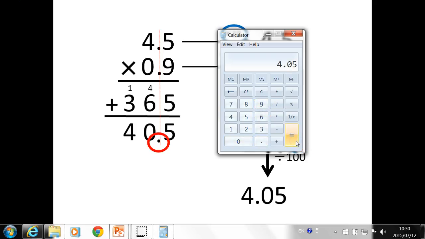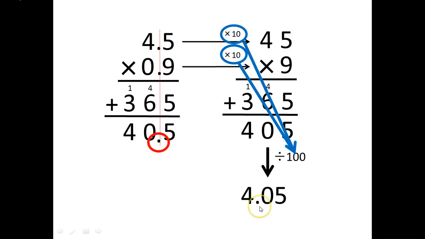Okay? And the answer is 4.05. So, this is the correct answer, right? Ta-da!